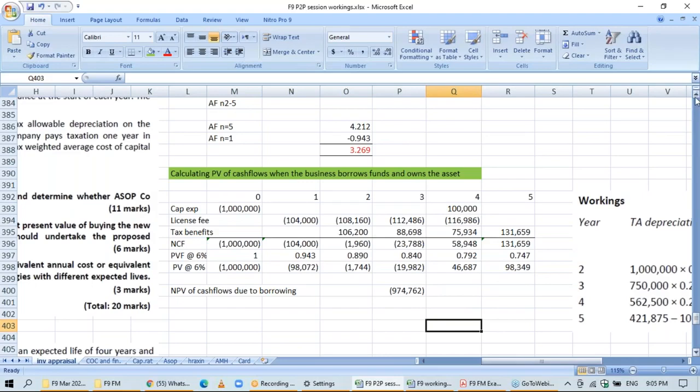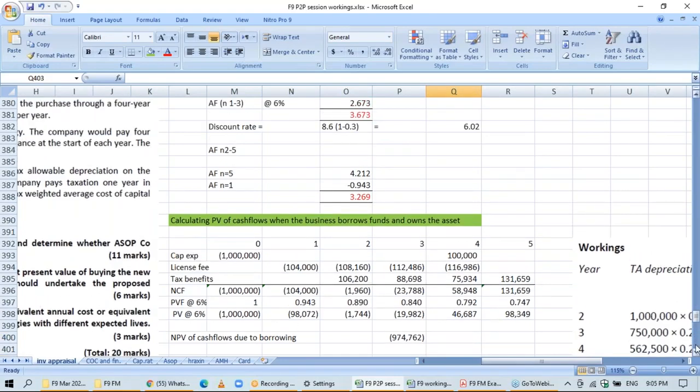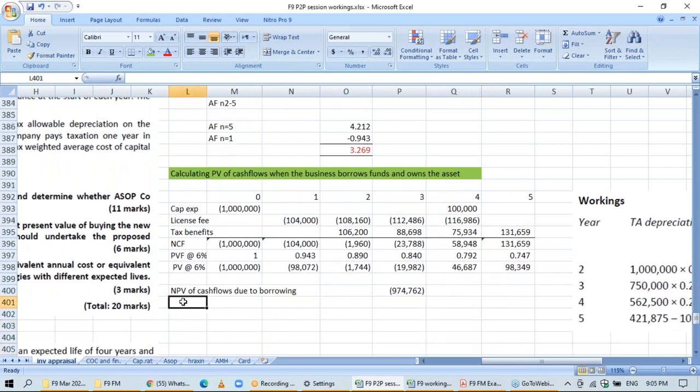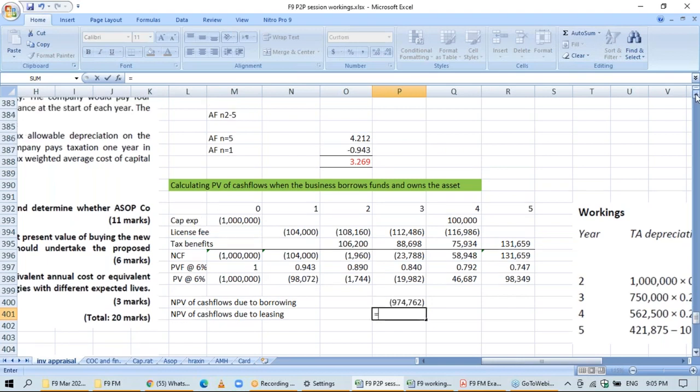So if you compare the leasing cash flow and the borrowing cash flow, the net present value of cash flows due to leasing. The leasing cash flow is higher than the borrowing cash flow.